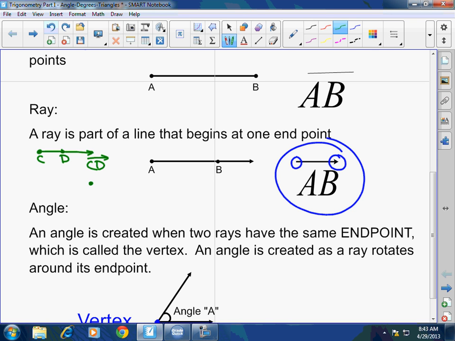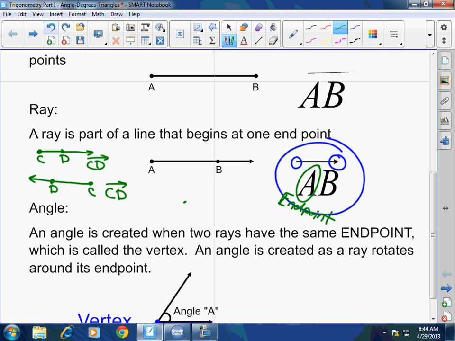But if I have it going this way, guess what? That's still ray CD. Because it goes endpoint first, and then the point that it's going through. You feel me? Does everyone understand that?